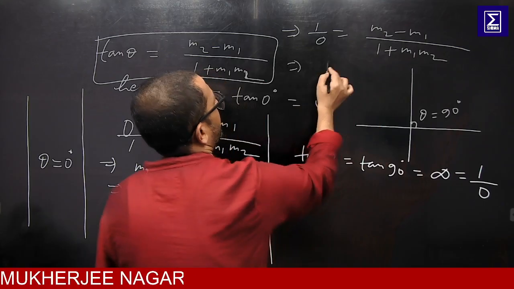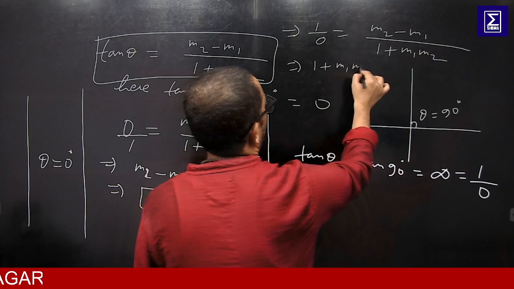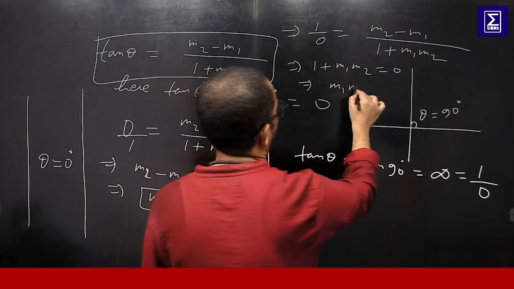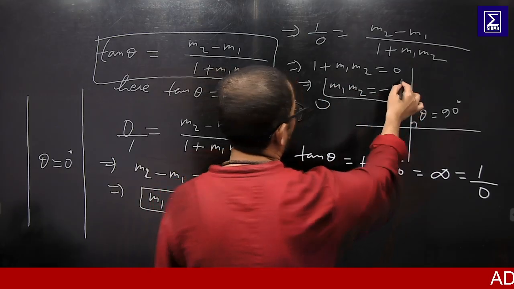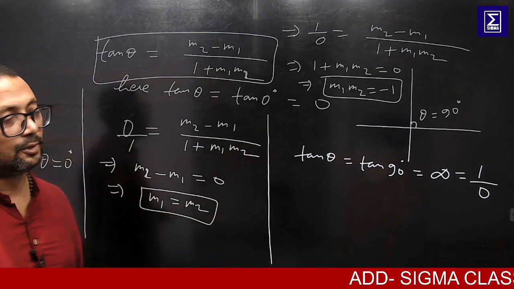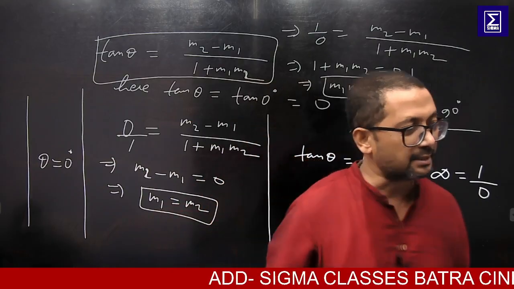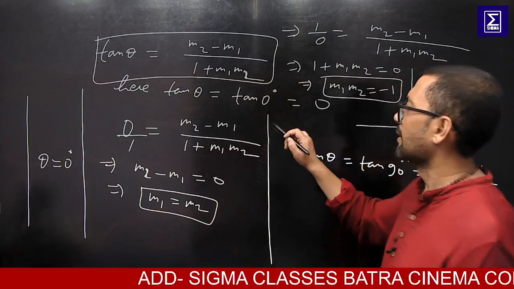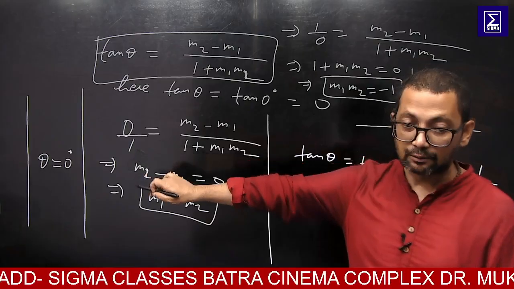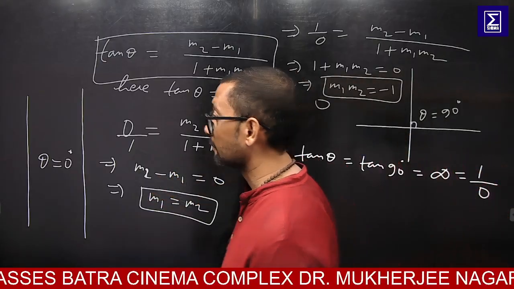With cross multiplication, 1 plus m1 m2 is equal to 0. So m1 m2 is equal to minus 1. Yes. So when the lines are perpendicular, the product of slopes m1 m2 is equal to minus 1, and when the lines are parallel, the slopes are equal, m1 is equal to m2. So this is the basic that we have covered.